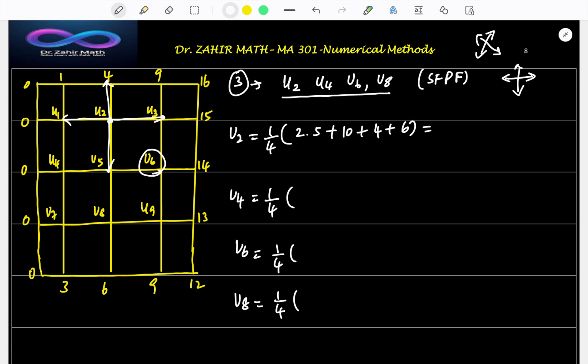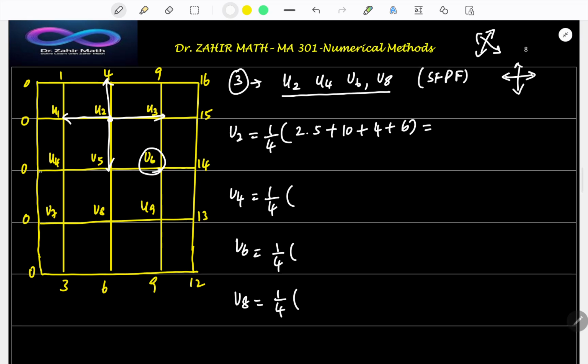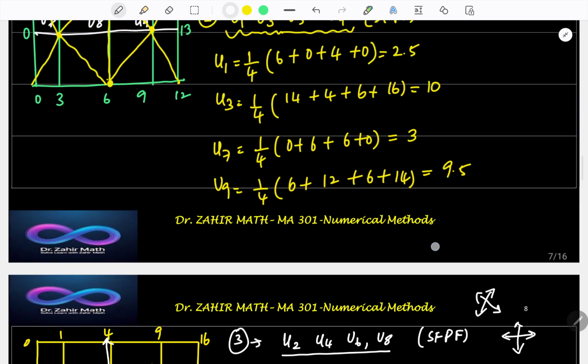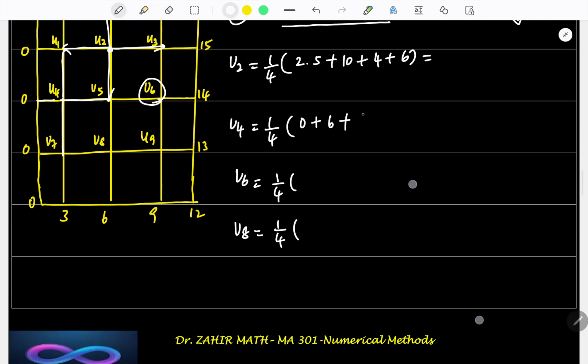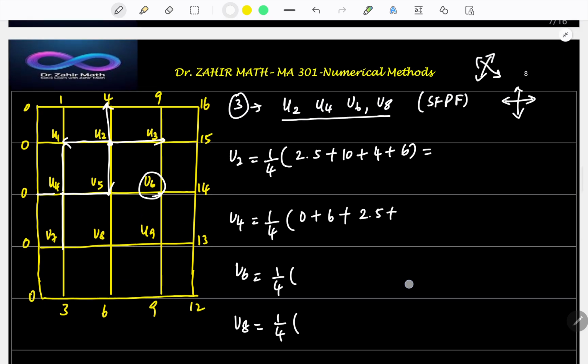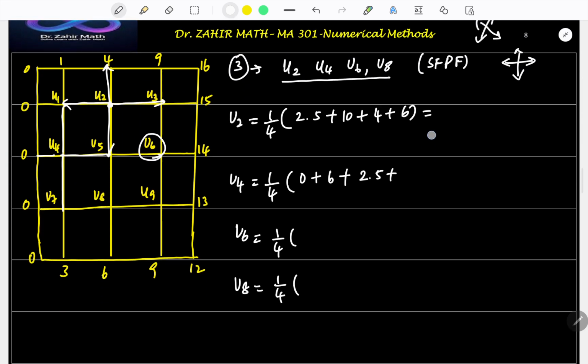Immediate values you take. Okay, right. Let me calculate after that. First I will write u4. So u4 is 0 plus u5 plus u7 plus u1. So u4 is 0 plus u5 which is 6 plus, and then next is u1, the nearest one, which is 2.5, plus, and then it is u7, the last one which we calculated, which is 3.